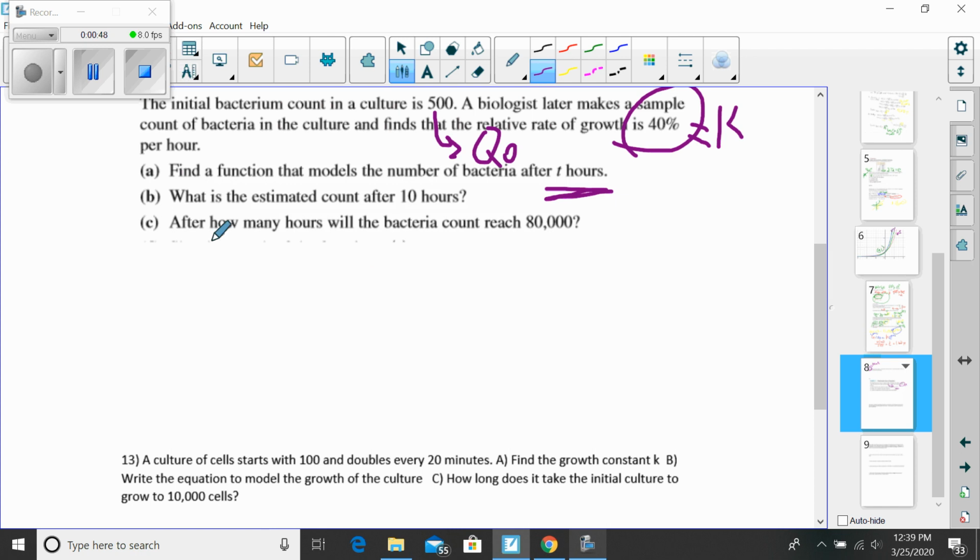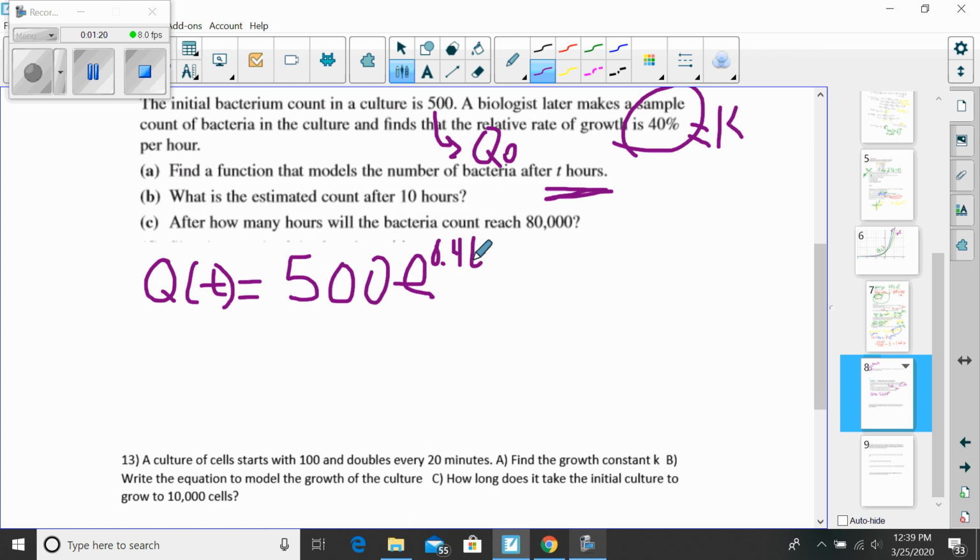Okay, so starting with the formula then, A says find a function that models the number of bacteria after T hours. So Q of T, the quantity after time T, right, is found by the initial amount, Q naught, so that's the 500, times E to the K, which they gave us K, we change it to a decimal, 0.4, to the KT.